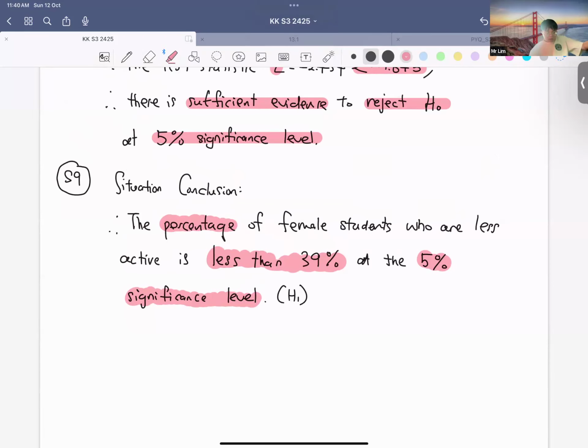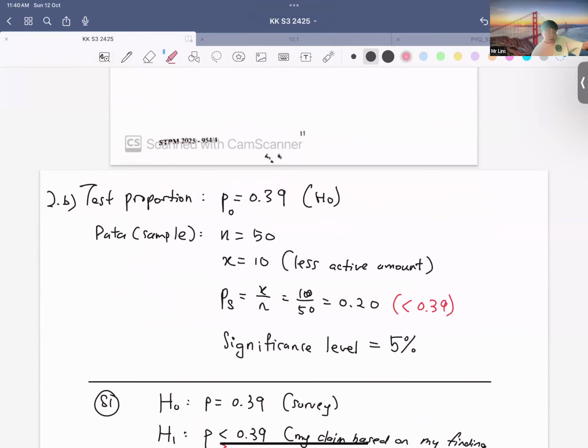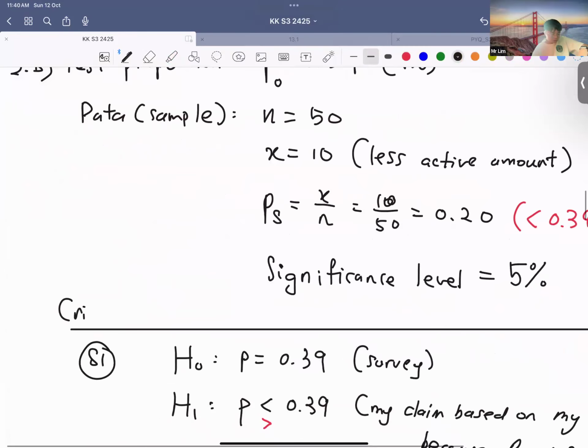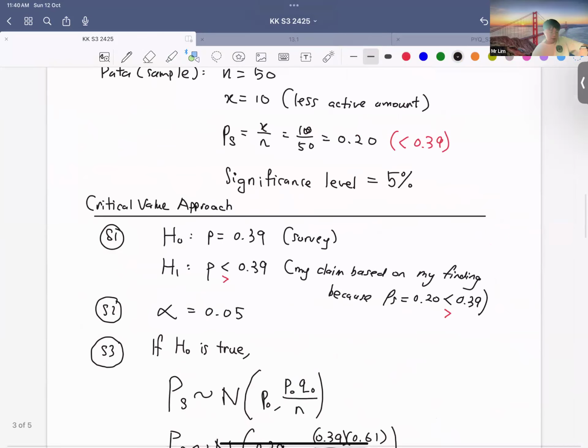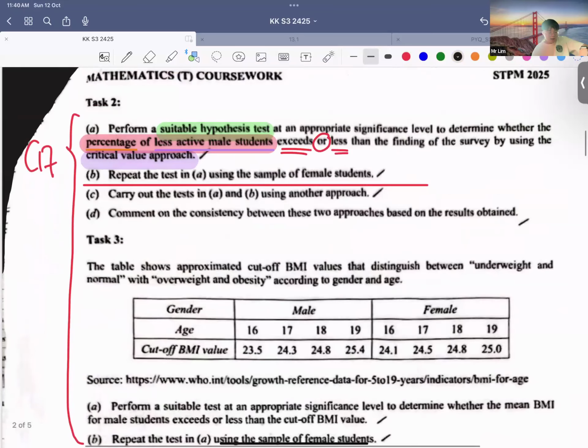Okay, so this is what we call the critical value approach. And this is what most of the time you do in your exam. So for part A and B, it's basically the same thing.